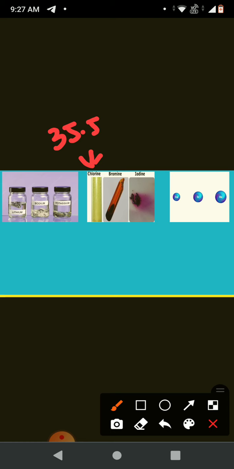Bromine's atomic mass is 79.9. And iodine's atomic mass is 126.9.